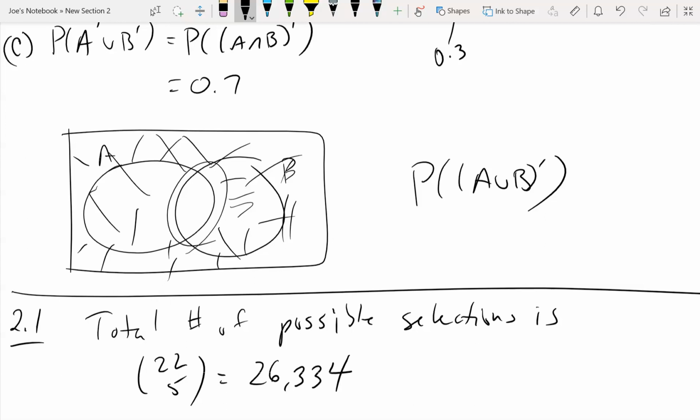Which is a good thing. Well, I guess it's not necessarily a good thing. It doesn't eliminate any of the possibilities, right? Because we're doing a subset of that, a piece of it. But at least it gives you an idea. So certainly, if you had a number bigger than 26,000, you would know that you did something incorrectly, right? All right.